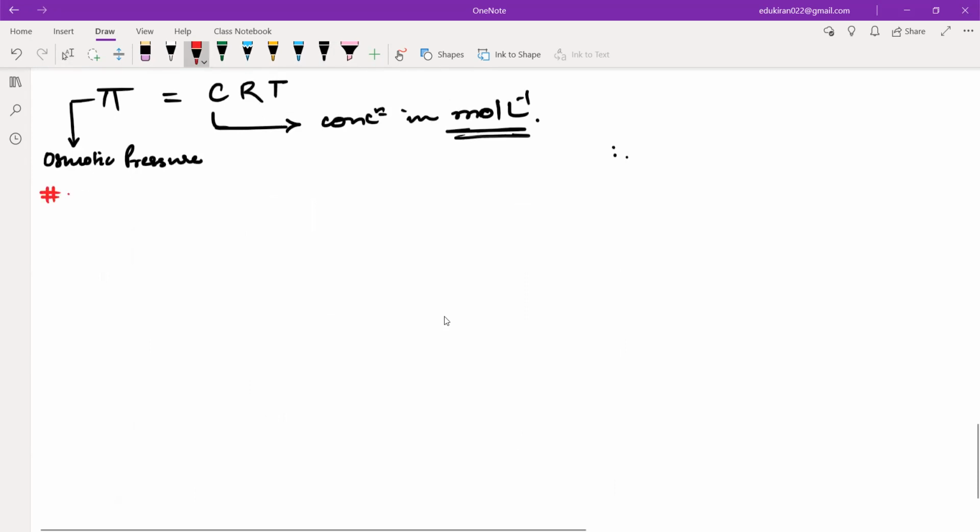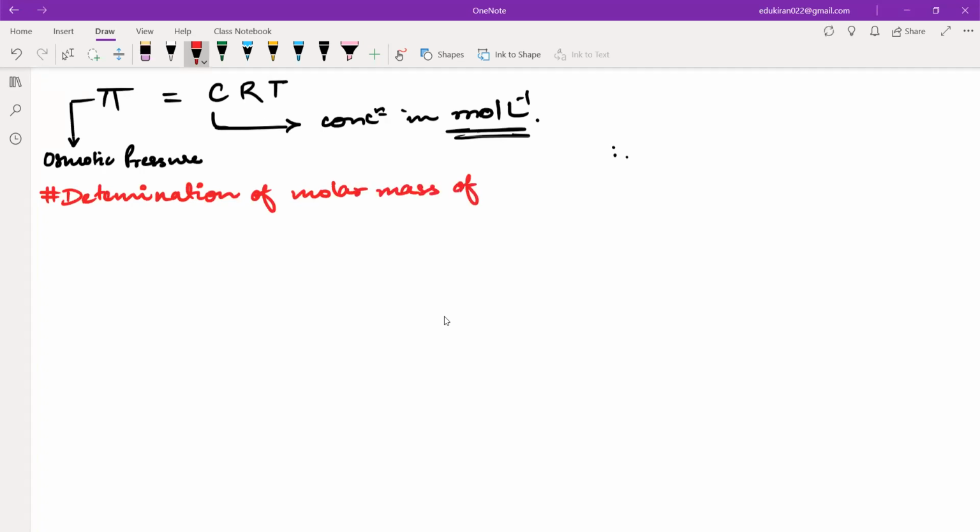Now write the topic: Determination of molar mass of solute using osmotic pressure.